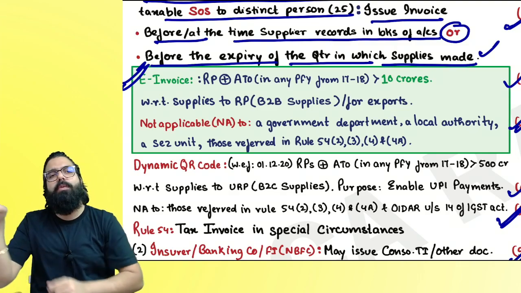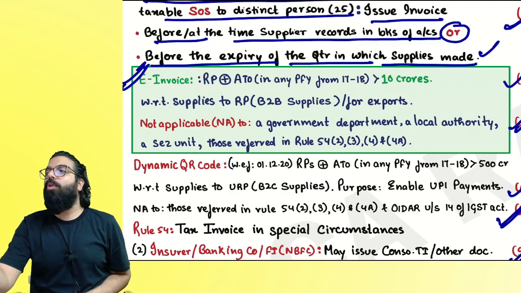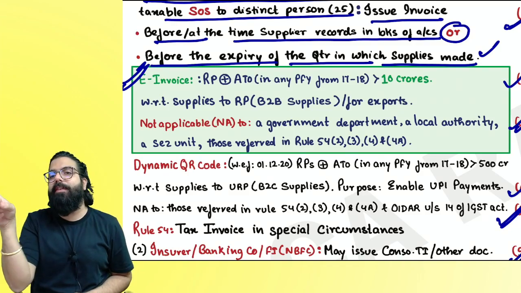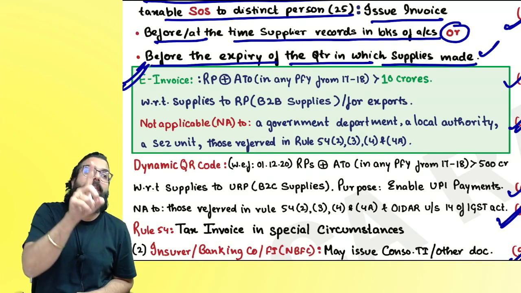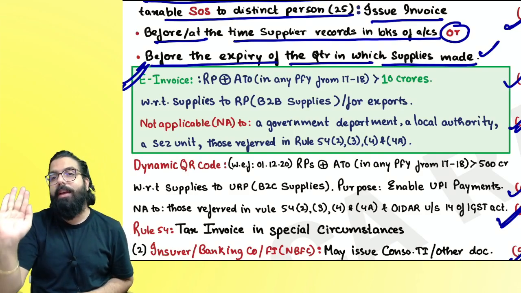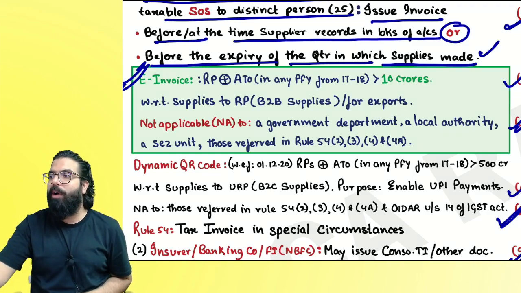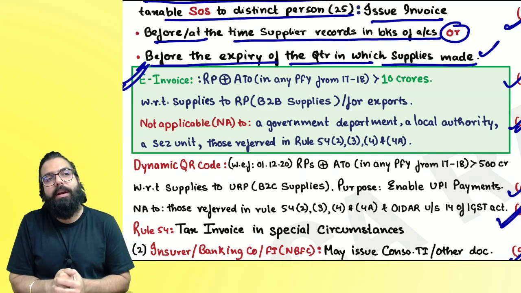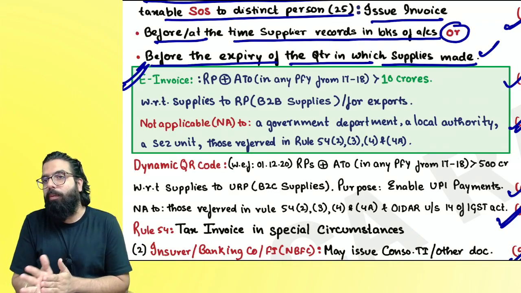When you download the invoice, it will have a QR code. Basically, generating an invoice, registering it and getting an invoice reference number is known as e-invoicing. Once you get the invoice reference number, you can download your invoice. This whole process is known as e-invoicing.